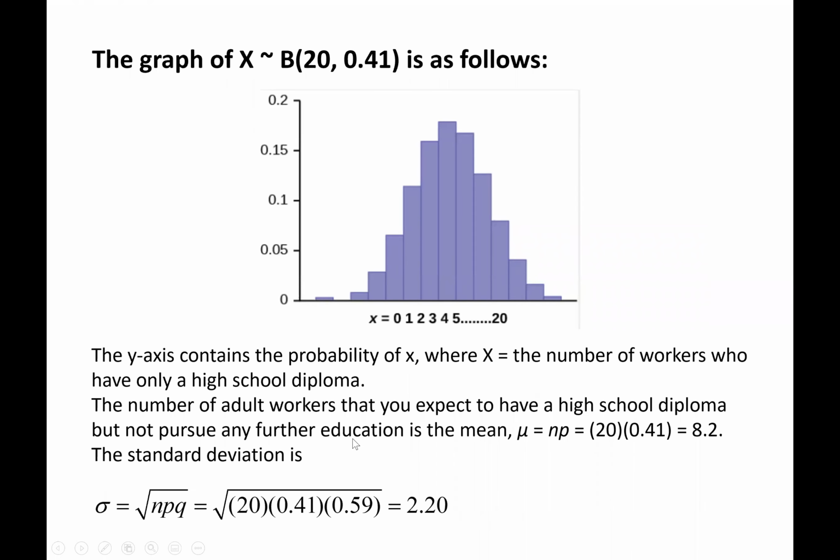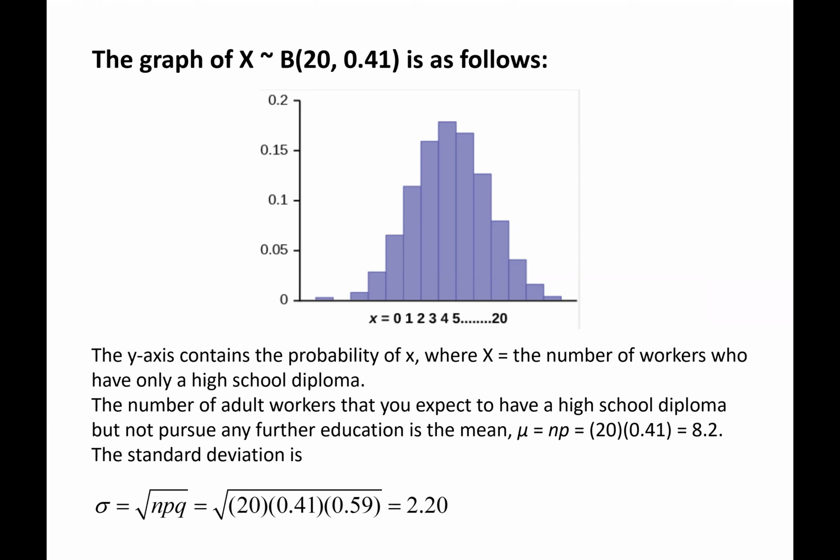Now the graph of the binomial distribution looks like this. This is the binomial distribution with 20 trials and a probability of a success of 0.41. In this graph, the y-axis contains the probability that x takes on a particular value.